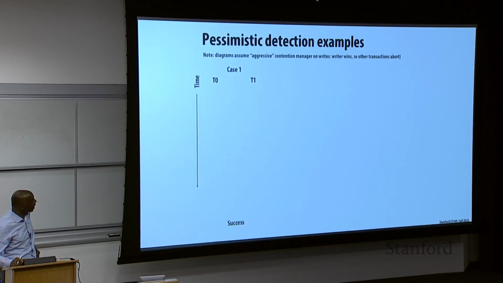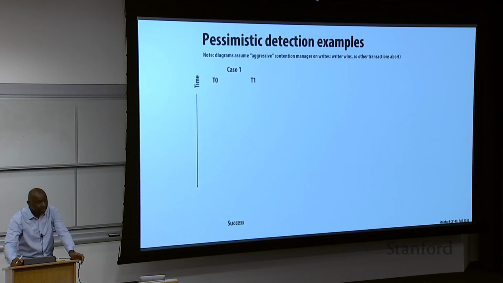And in each case, we want to look at the pessimistic detection policy. And so on every access, you need to do the check for conflict.